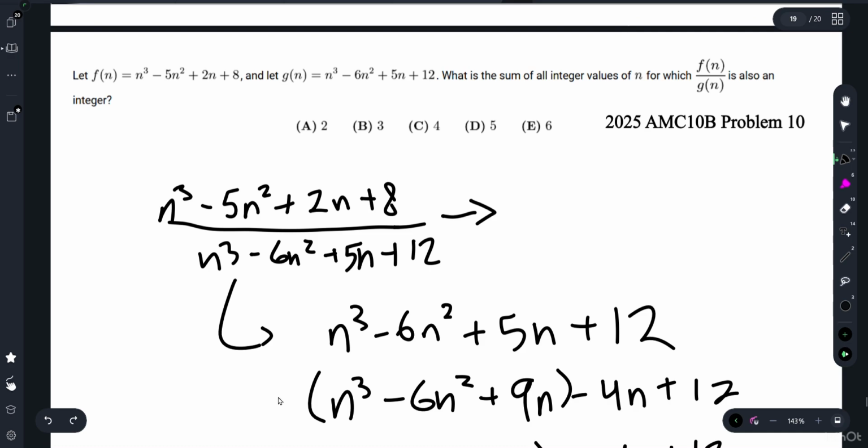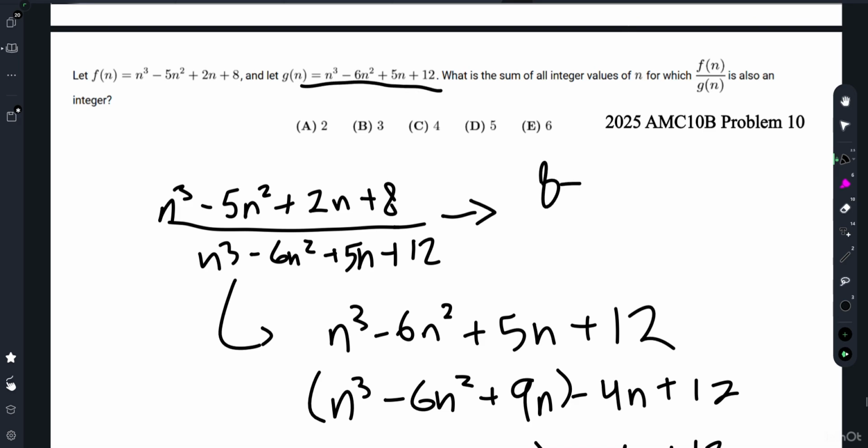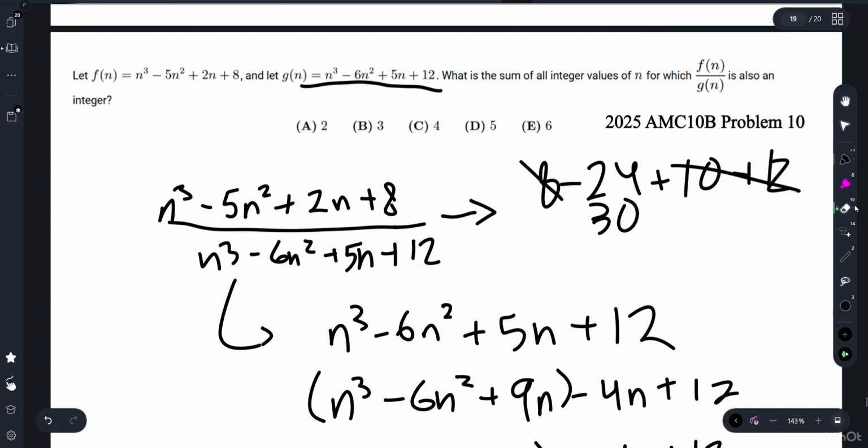We really want to test g of n because we don't want g of n to be equal to 0, because that would make this not doable, since we can't have a 0 in the denominator. So let's plug 2 into g of n. So we have 8 minus 4 times 6, which is 24, plus 10 plus 12. 22 plus 8 is 30, so the answer is 6. So perfect, it does work.